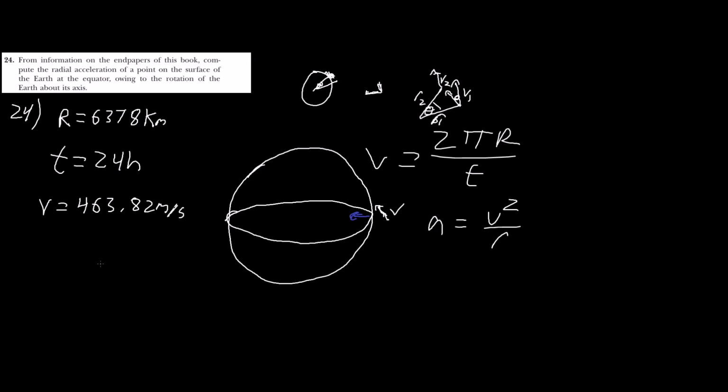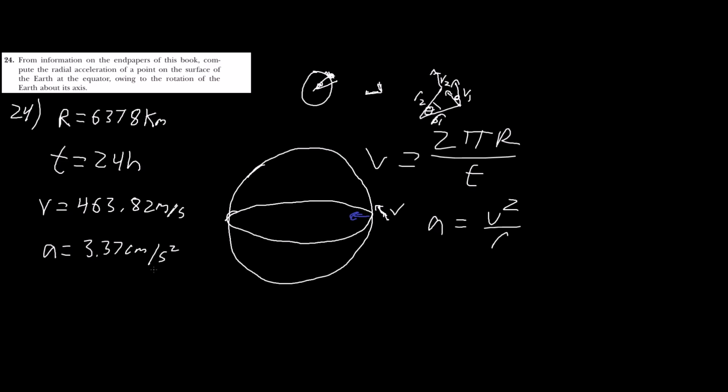And that radial acceleration is going to be 0.03373033 meters per second squared. So this is going to be 3.37 centimeters per second squared, since the Earth is indeed flat and there's no such thing as gravity.